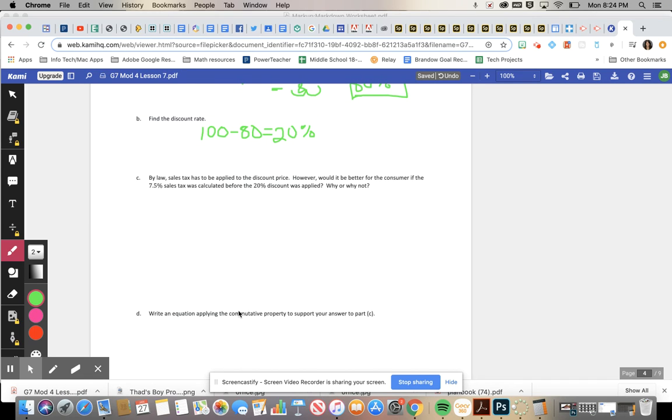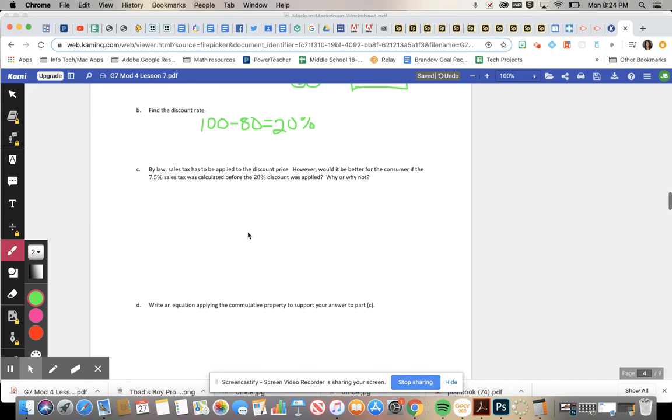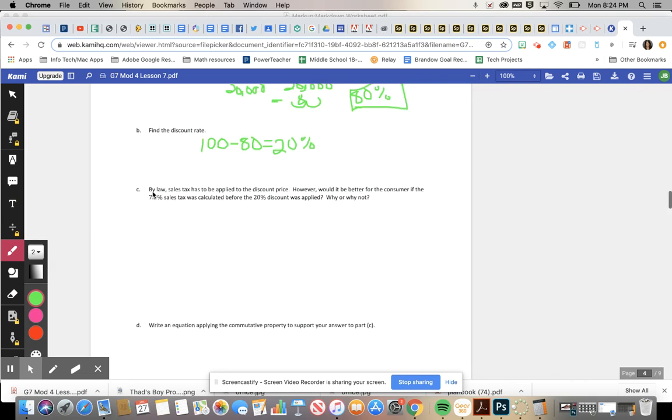Okay. It says C, by law, sales tax has to be applied to the discount price. However, would it be better for the consumer if 7.5% sales tax was calculated before the 20% was applied? Why or why not? Well, let's see.